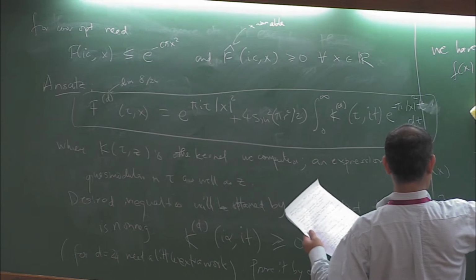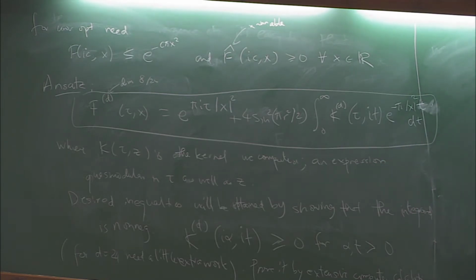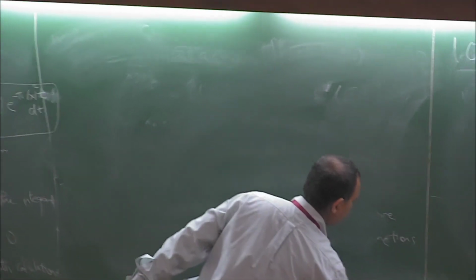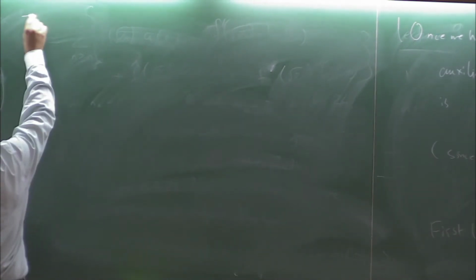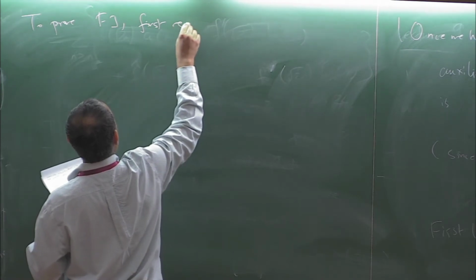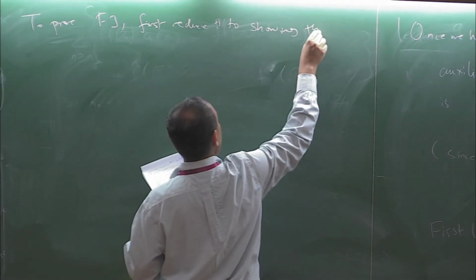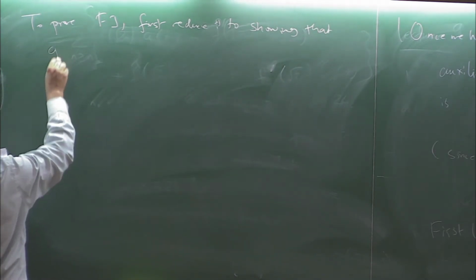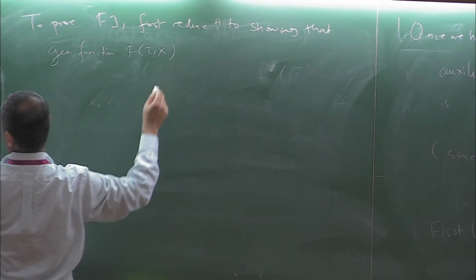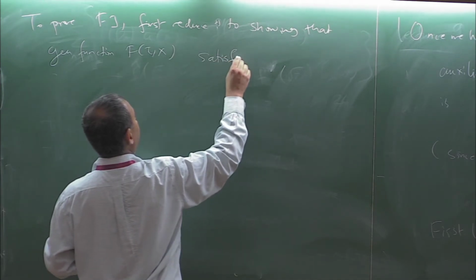Okay, so once you make that ansatz, once you prove the Fourier interpolation formula, to prove it, we first reduce it to showing that this generating function f of tau x, as defined here, satisfies the following two things.